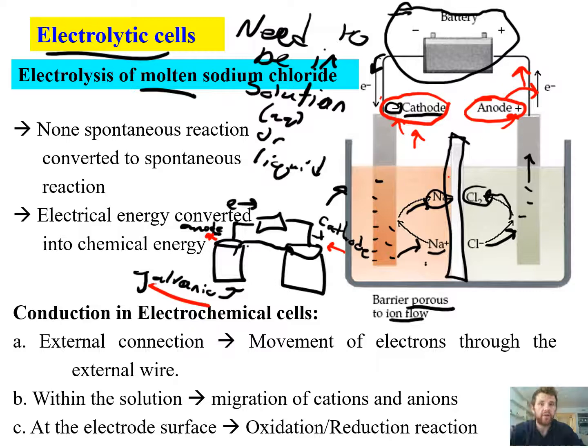I know Akmal does it where he does it all the same and then he switches around the names. However you want to think about it, just remember that the notation is reversed. In the galvanic cell, the anode is the negative terminal, and the cathode is the positive terminal. In an electrolytic cell, the cathode is the negative and the anode is the positive. That's like the big difference between them that everybody gets mixed up on.